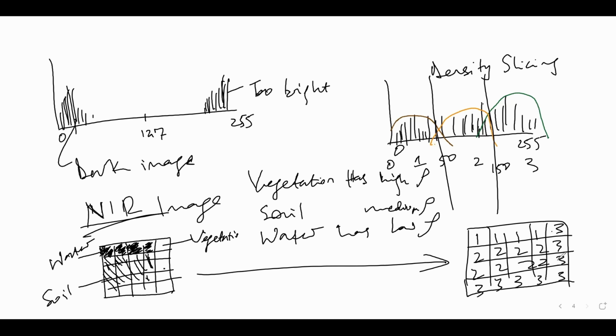So we have our original image, we create our histogram, we carry out density slicing, and the resultant image is that. Where can this be applied? When we are making masks. I'm sure in GIS you've had to use a couple of masks. You may want to distinguish water areas from non-water areas, or built-up areas from non-built-up areas, and this is how you can make a mask through density slicing.